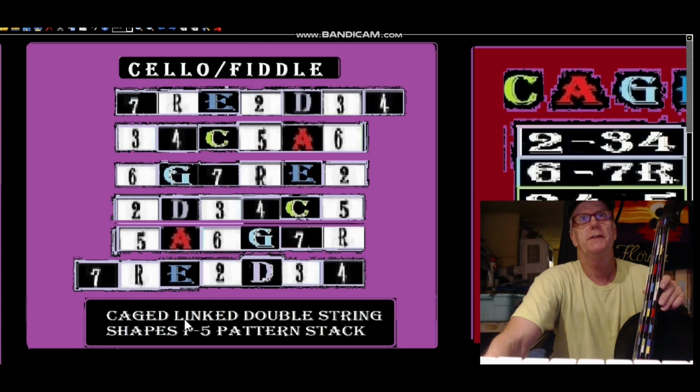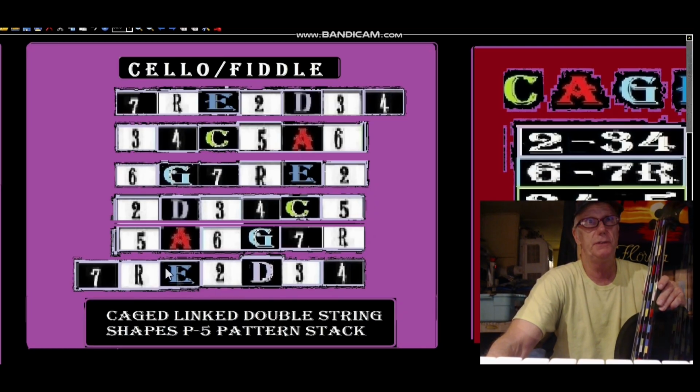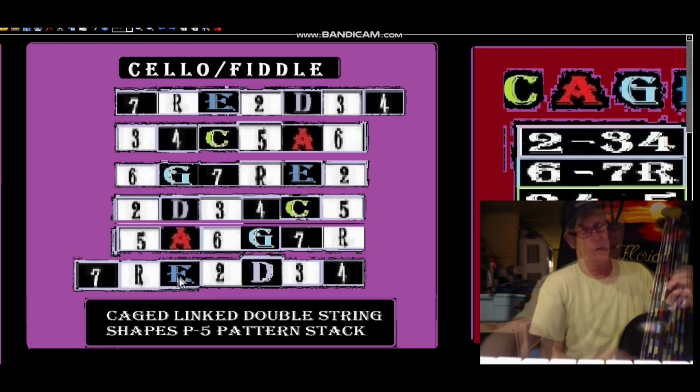Anyway, this is the pattern. So we start root, 2. The pentatonic is in the white. The string shape accidentals in the key of C would be, you know, but actually it isn't even in the key of C. Whatever that root is, this would be the each string shape. Here's our big F sharp over here.